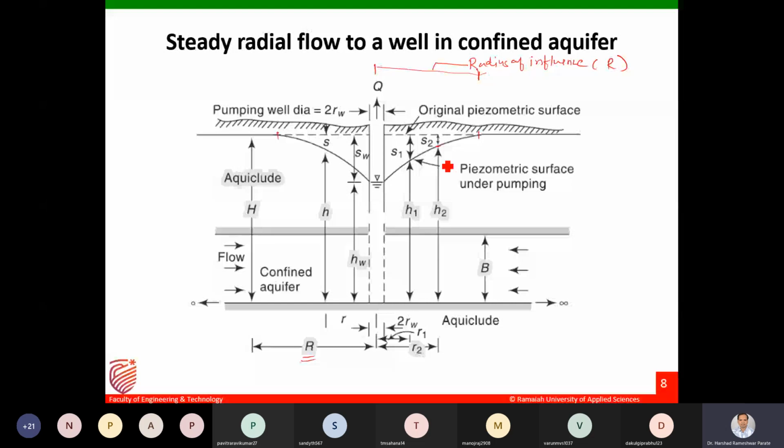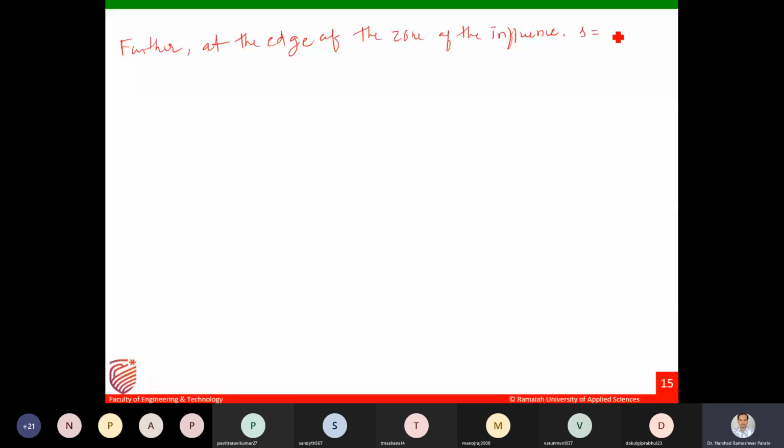So if you consider this particular level and rewrite this equation, at the edge of the zone of influence, what basically happens? Your drawdown S is equal to 0.